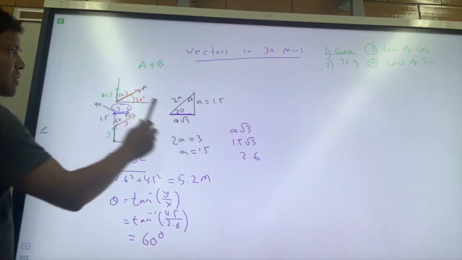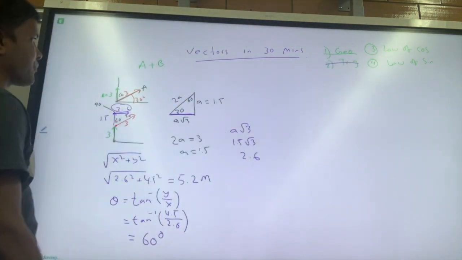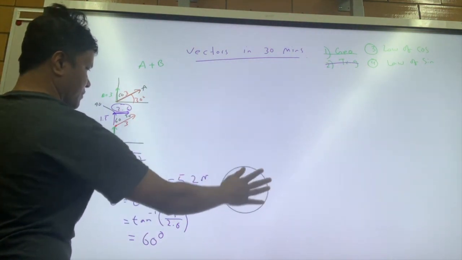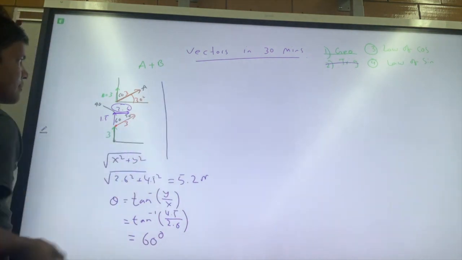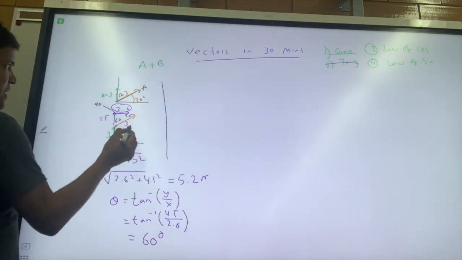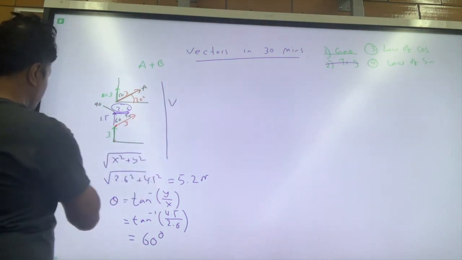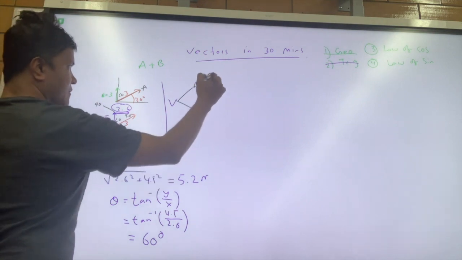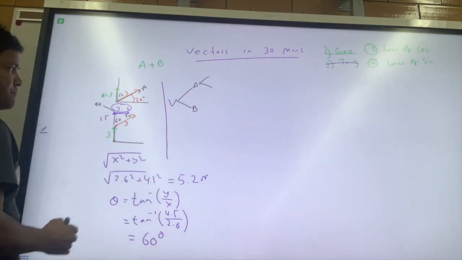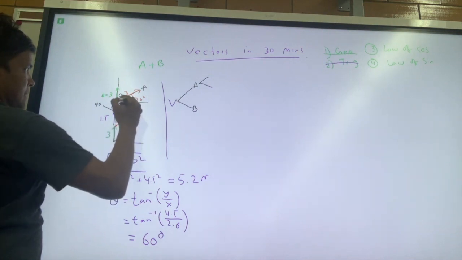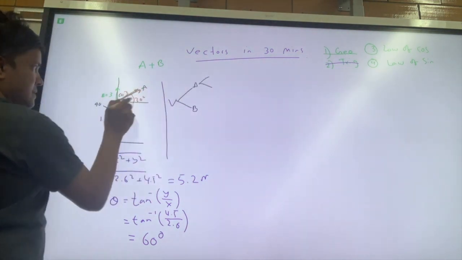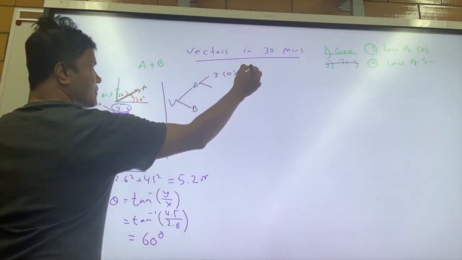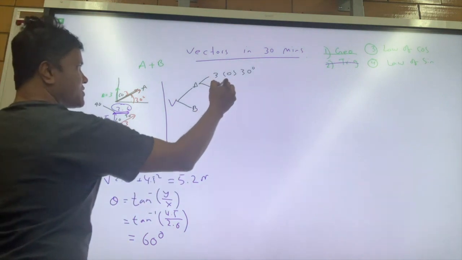Alright, now we're going to use the trigonometry. So trigonometry, I have two vectors, vector A and vector B. Vector A has two components, as you know that. This is 3 cosine 30 degree, 3 sine 30 degree.